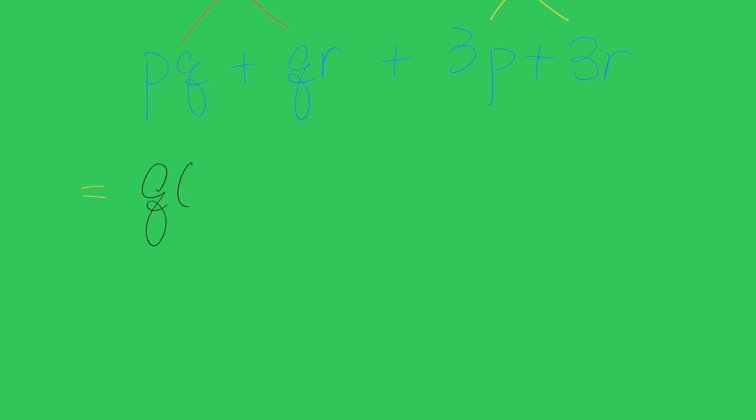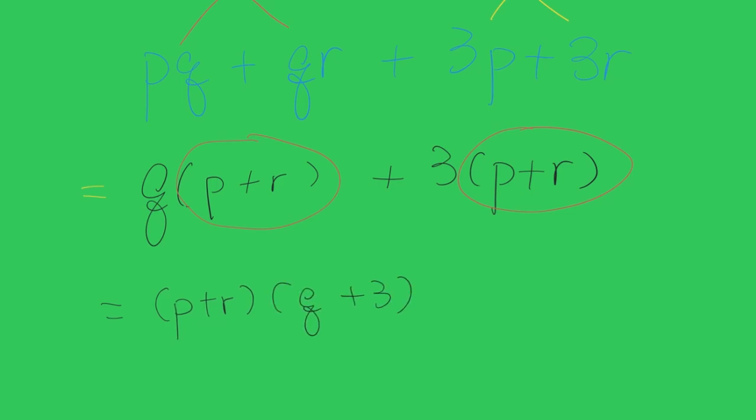We take out q, and then we got p plus r here. For the third and fourth terms, we take out 3. Then we got 3 times p plus r, like this. So now we take out this factor, which is the factor that they share in common. We take it out, we got p plus r here, and then we got q plus 3.